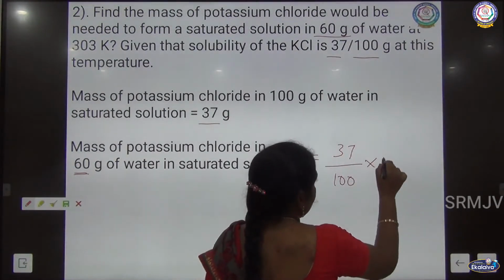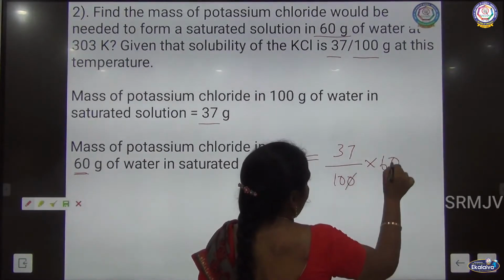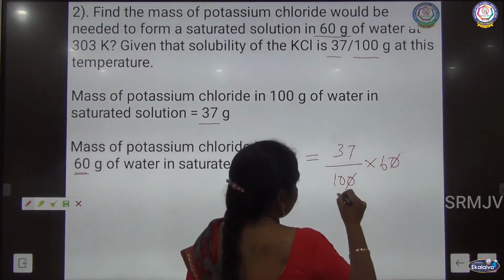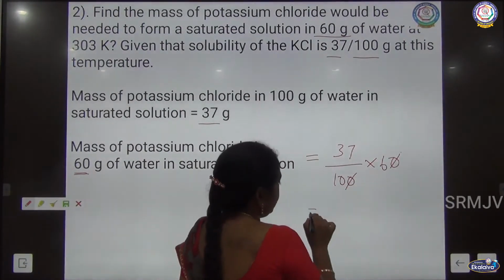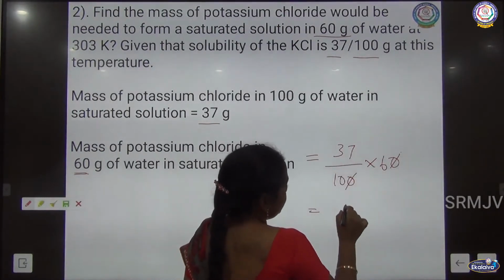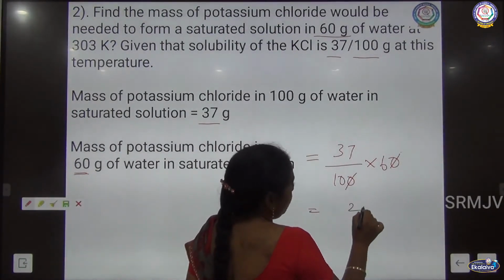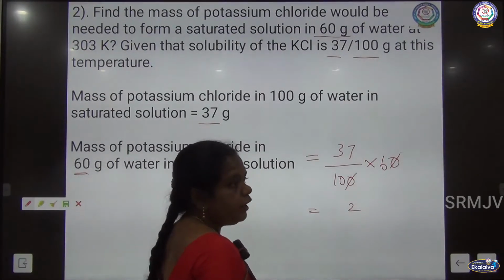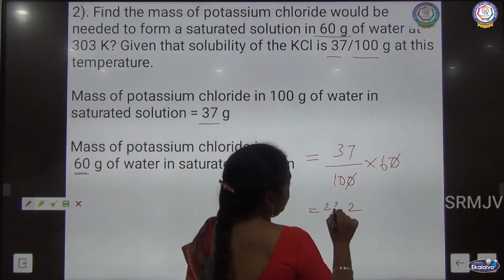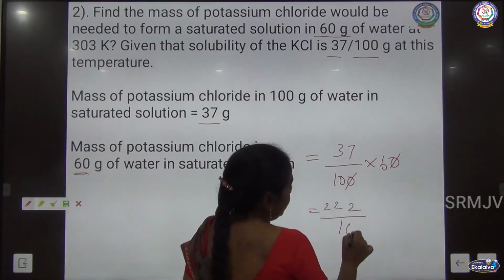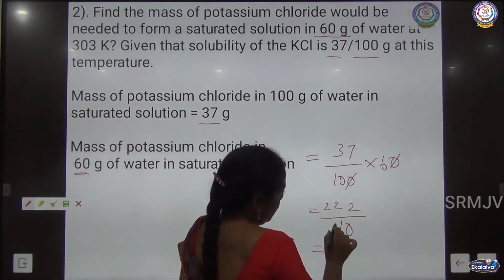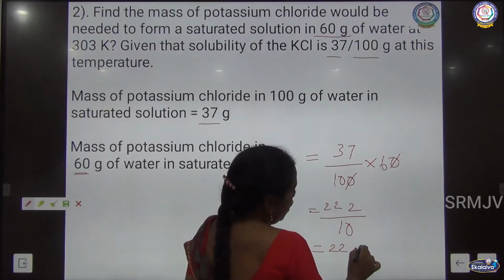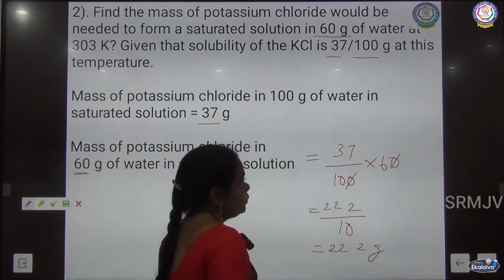So into 60. If you strike out this 0 and then multiply this by 6. 6 sevens are 42, remainder 4. 6 threes are 18 plus 4, 22 divided by 10. So this becomes 22.2 gram.